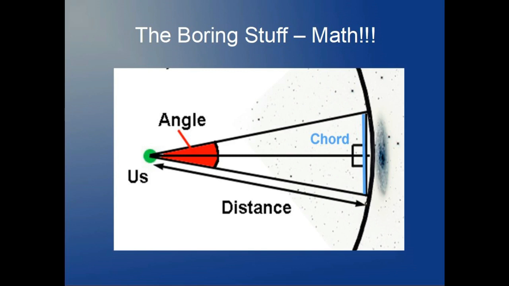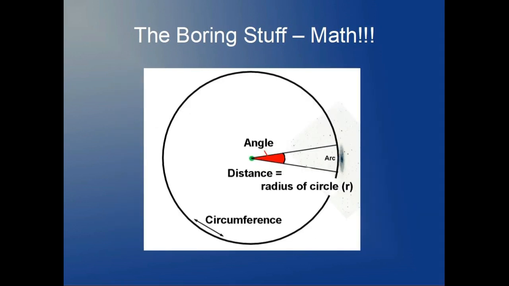Should we not rather be measuring the length of that arc? After all, that's where the galaxy is, like this. Well, okay, we'll have to go back to school again. We should note that in our diagram, the distance to the galaxy is the radius of the sky circle that we have drawn. Now, when we know the radius of a circle, we can easily calculate the circle's circumference, the distance all the way around the outside of the circle.